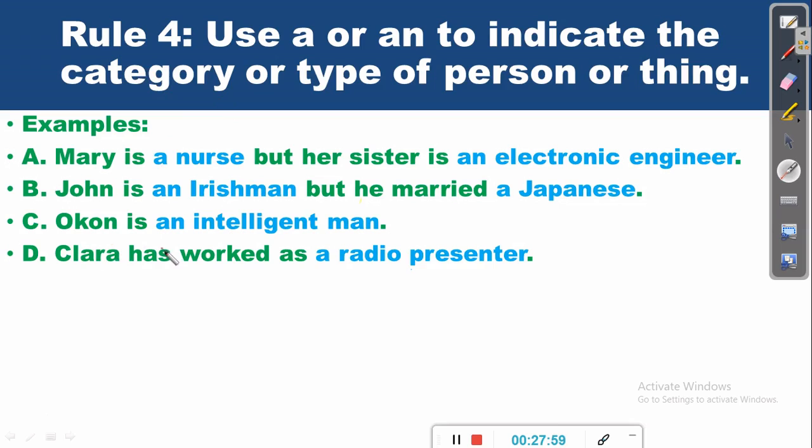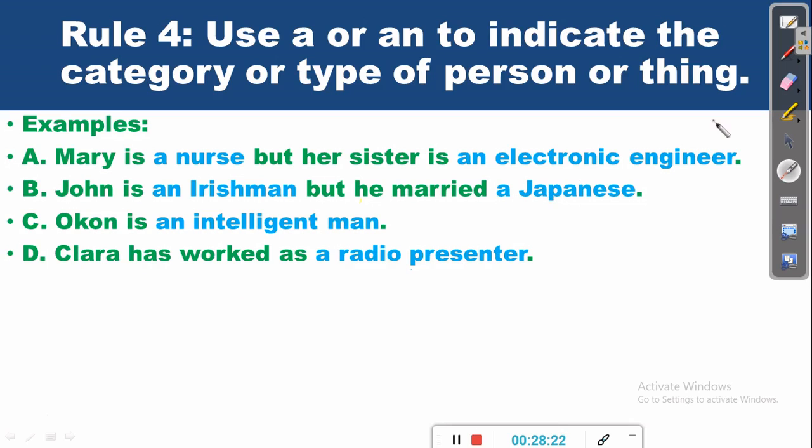But here, Okon is an intelligent man, is telling us about a type of person that Okon is. Clara has worked as a radio presenter. A radio presenter is also a type of person.